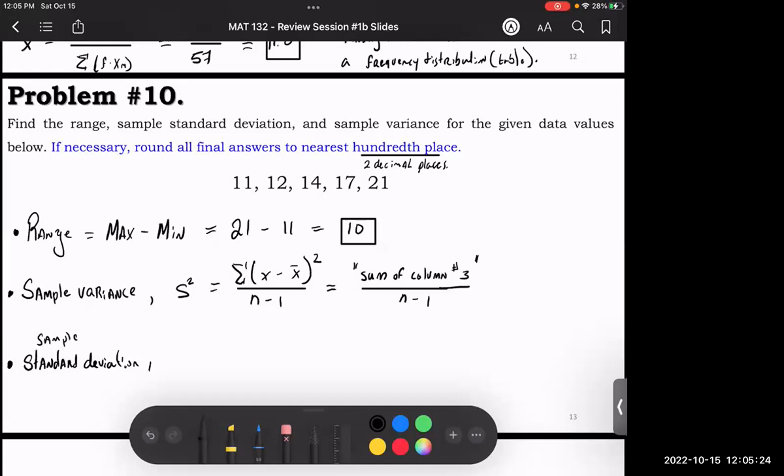We use the letter S, and we say that it's equal to the square root of your sample variance. My bad. So it should be the square root of S squared, or simply the square root of the sum of the data value minus the mean, squared, over n minus 1.